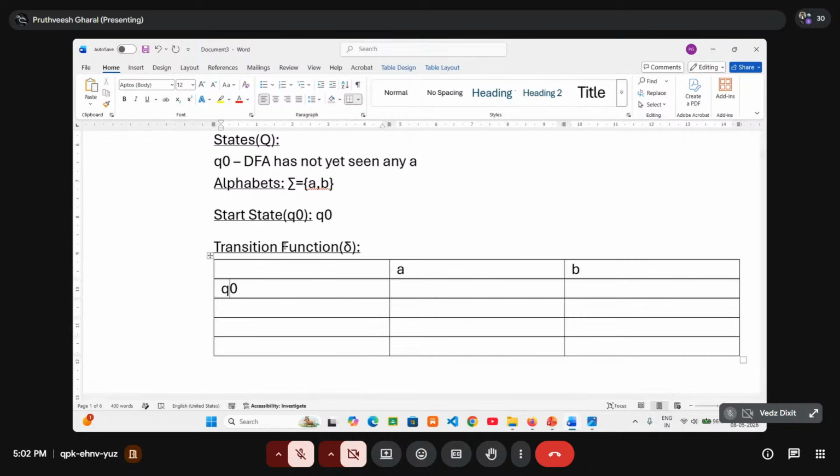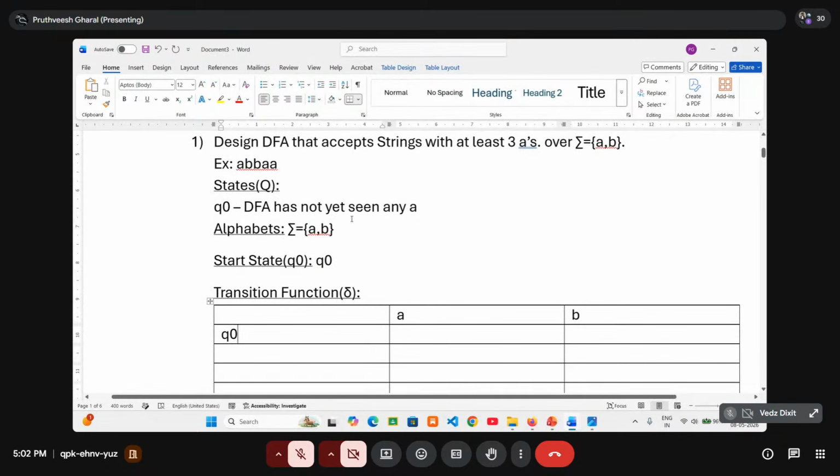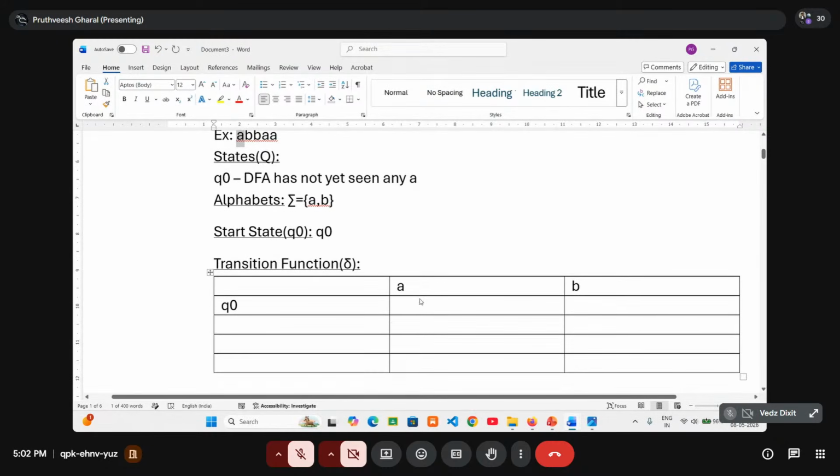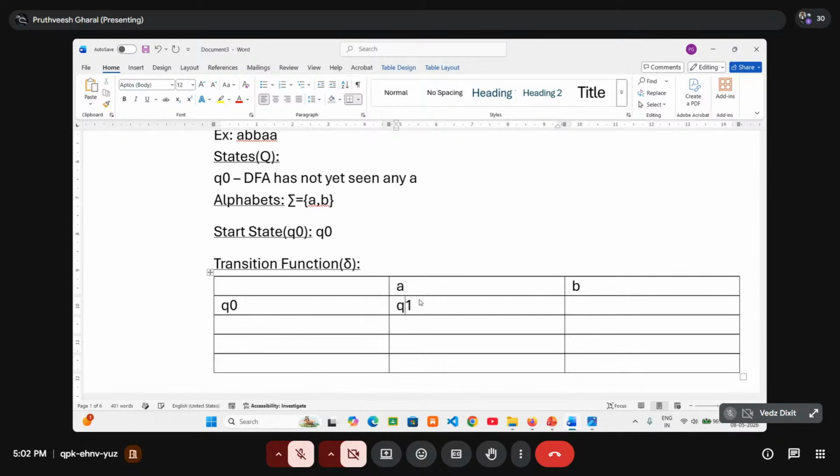So when we read that the DFA is in the Q0 state, we know that it has not yet seen any A. After the DFA reads an input, let's say it reads here the fact that it has encountered an A. What do we tell the DFA? We tell the DFA to move to the next state, which is Q1. So the DFA moves to the next state Q1.